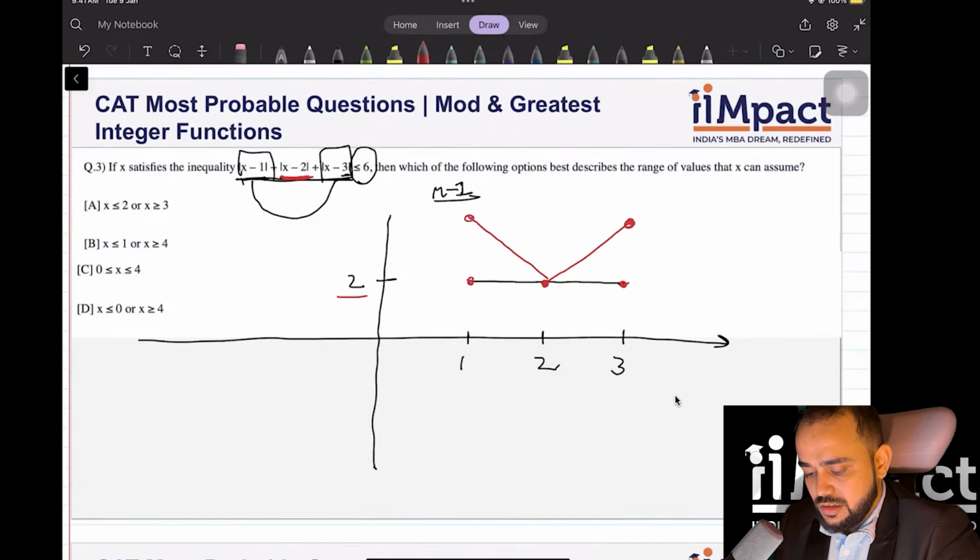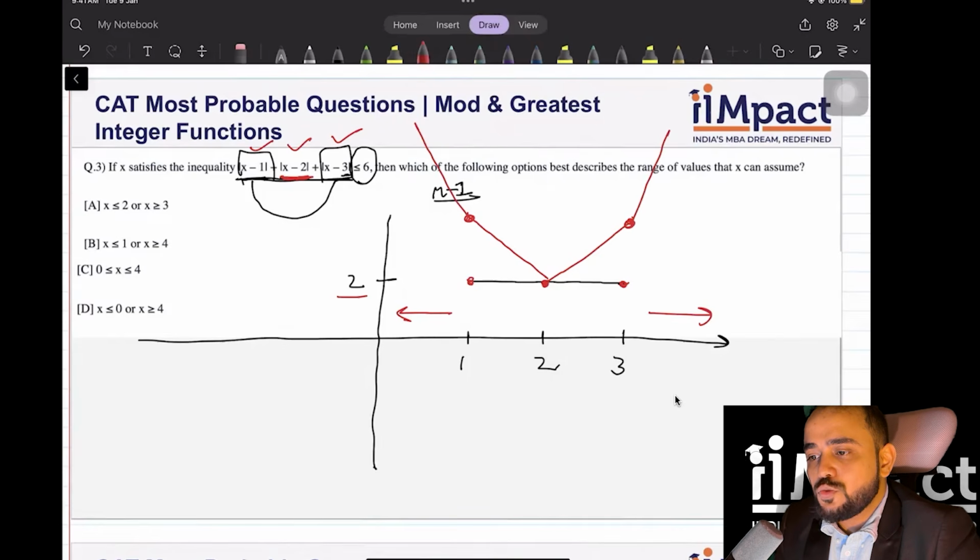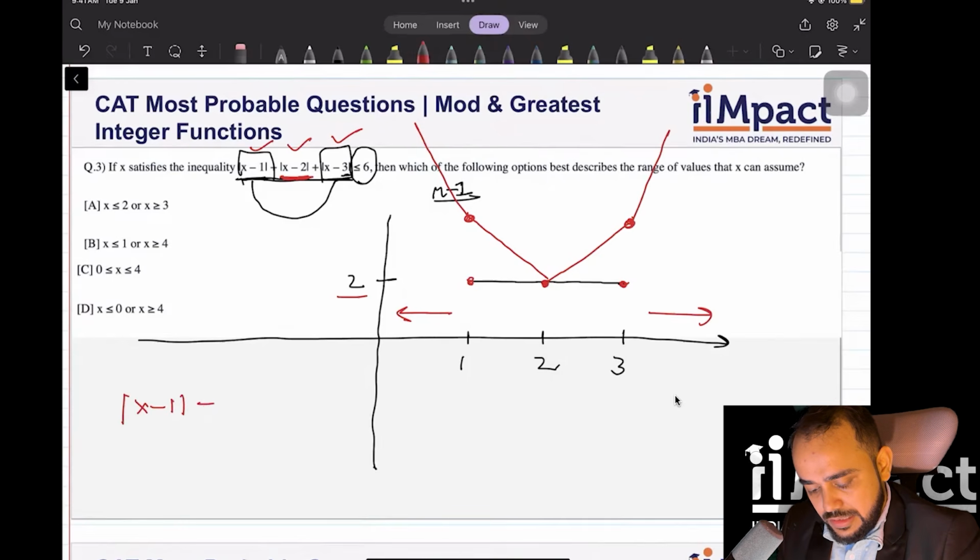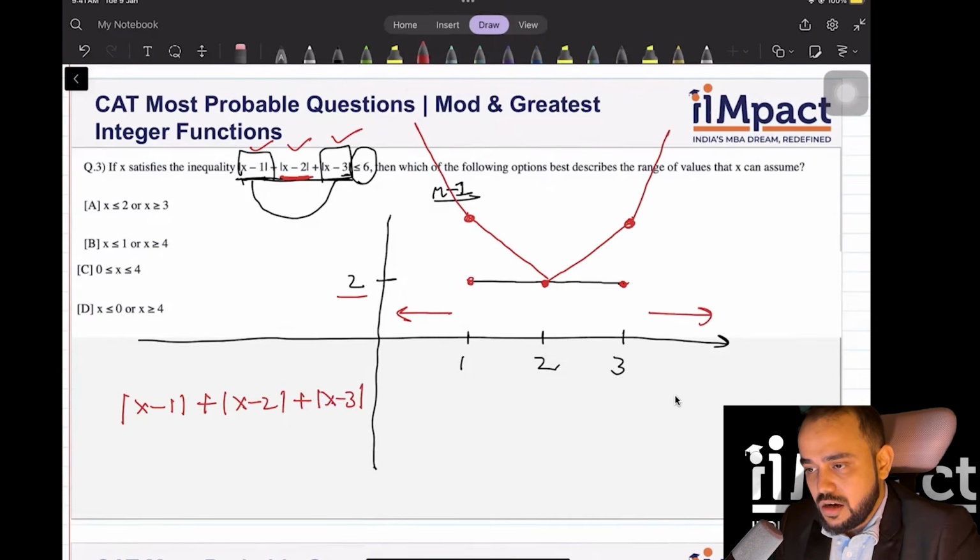After this, term 1, term 2, term 3, each of these will increase if you go towards this side or you go towards this side. So the shape will look something like this. So I want this to be less than or equal to 6. The second observation that I can make is, because I have mod like this, where each point that I have taken the distance from, they are equidistant from each other.